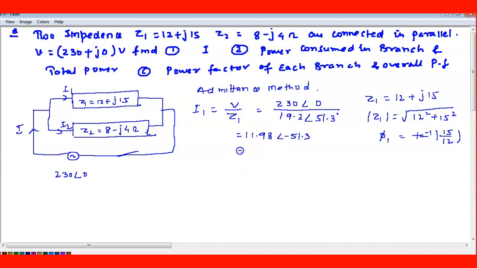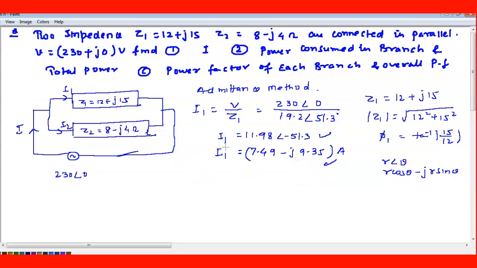If you want to write it in complex form, you can write r cos theta minus j times r sin theta. This is the Euler formula. Using a scientific calculator directly, you get 7.49 minus j times 9.35 amperes. You can write either in r and theta form, or complex form.